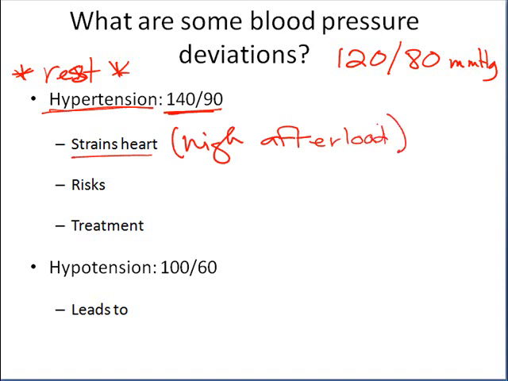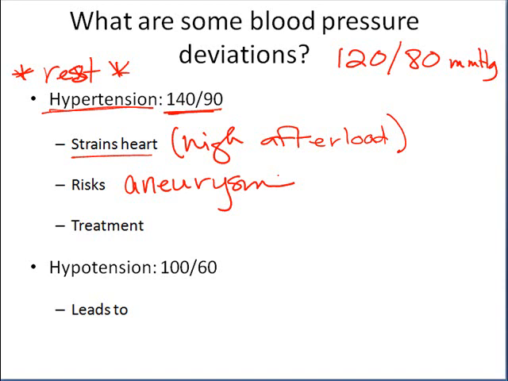This can lead to risks for a number of different conditions. The higher your blood pressure is, the greater your risk of, for example, developing an aneurysm. An aneurysm is when a blood vessel, like an artery, bulges out to the side because of weakening of the blood vessel wall due to the higher blood pressure. Over time, that weakening can become so severe that you actually get a rupture, and those are oftentimes fatal.